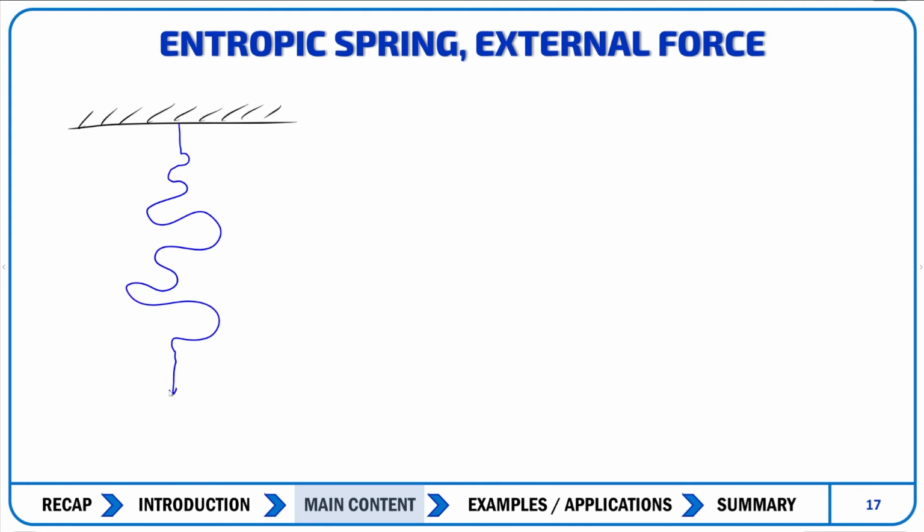And it's being pulled down by some sort of force F. So if we have an entropic spring, and we call it entropic because it's all modeled based off of multiplicity and energy for the DNA worm-like chain model.